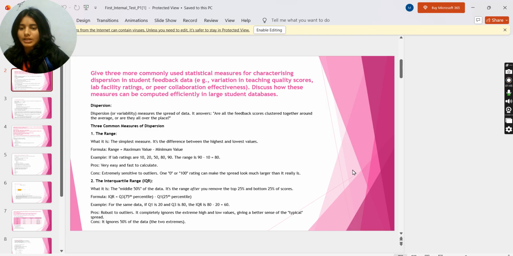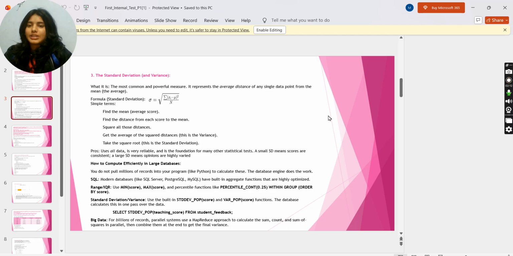Example: for the same data, if Q1 is 20 and Q3 is 80, the IQR is 80 minus 20, which is 60. Pros: robust to outliers. It completely ignores the extreme high and low values, giving a better sense of the typical spread. Cons: it ignores 50% of the data, the two extremes.